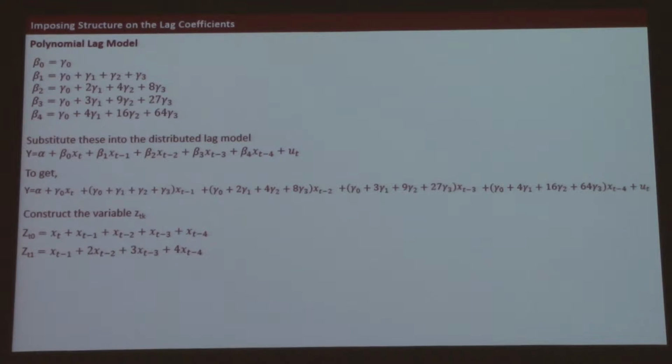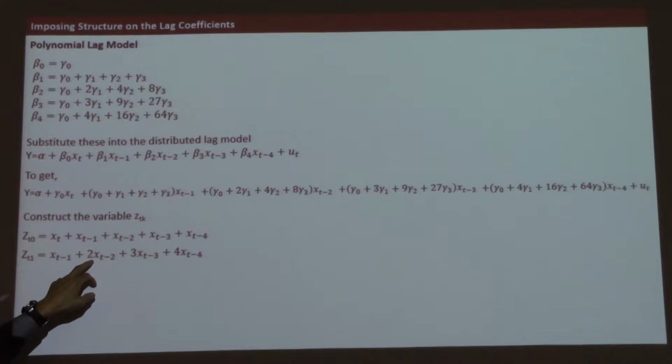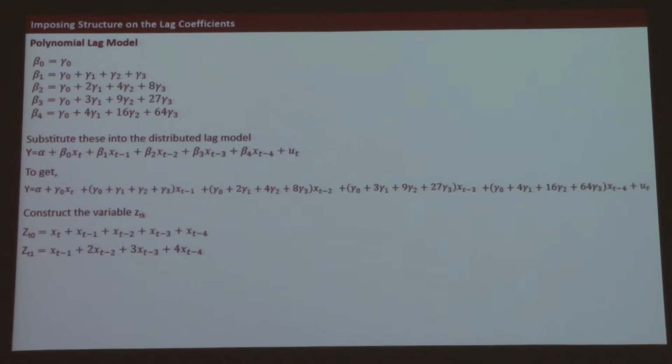That's Z_T0. Z_T1 is still lagged advertising, but it's 2 times the 2-periods-ago lagged advertising, 3 times the 3-periods-ago advertising, and then 4 times the 4-periods-ago advertising.